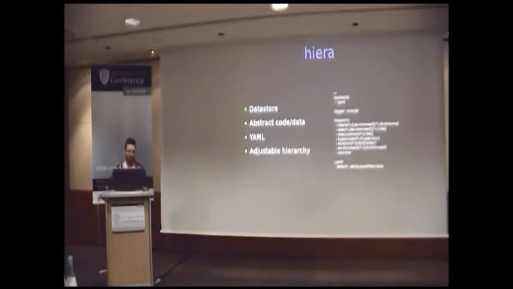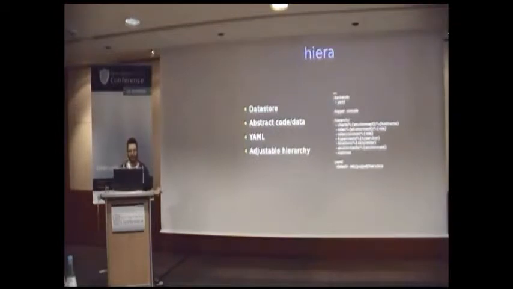And it has an adjustable hierarchy. This is key because you can define a data store, and if you have 3 levels, a common level, one level for environments and one level for clients, that'll work in most deployments, but for more complex scenarios, you might want to add a few levels to that.